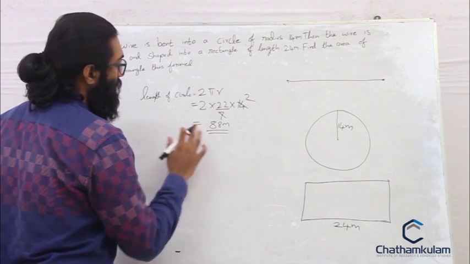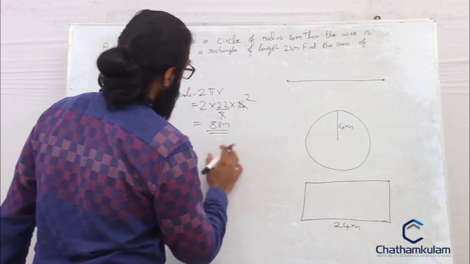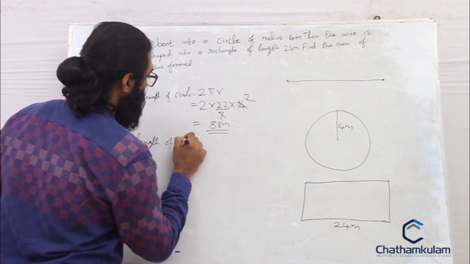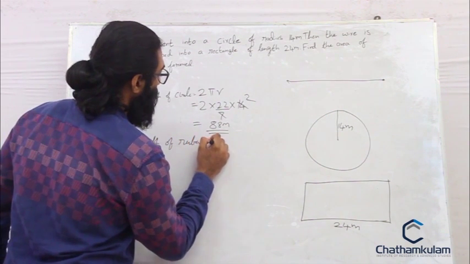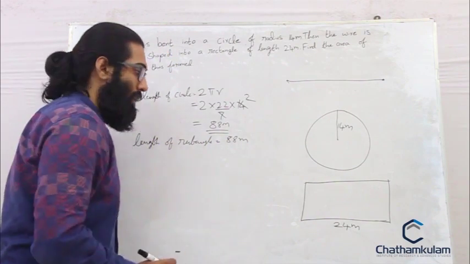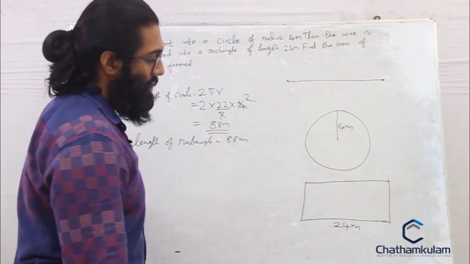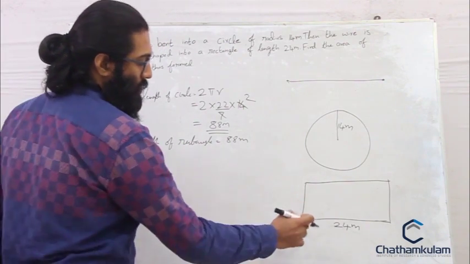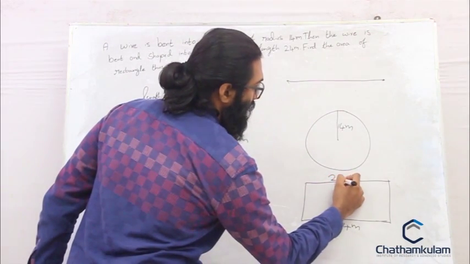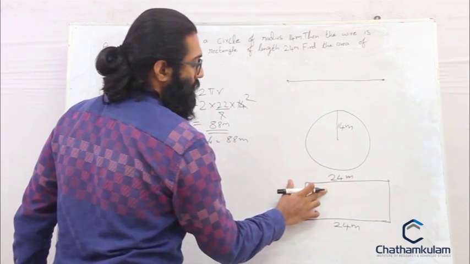Then next we have, so the length of the rectangle will also be 88 meter. It is given in the question that one of the length of the rectangle is 24 meter. Okay, so if this is 24 meter, then this opposite side will also be 24 meter.